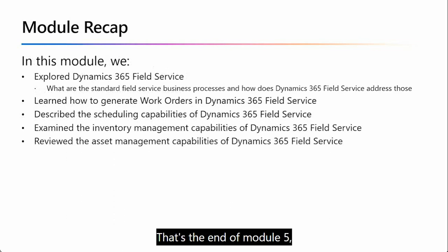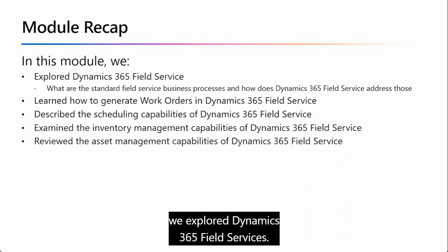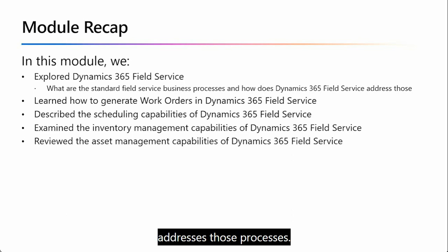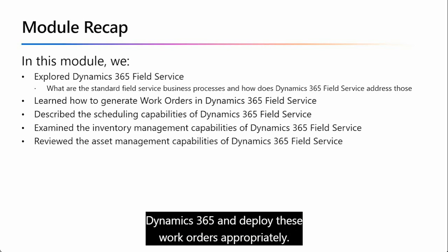That's the end of module 5. And in this module, we explored Dynamics 365 field services. We saw what are the standard field service business processes and how the Dynamics 365 field service application addresses those processes. We also took a look at how we could generate work orders in Dynamics 365 and deploy these work orders appropriately.